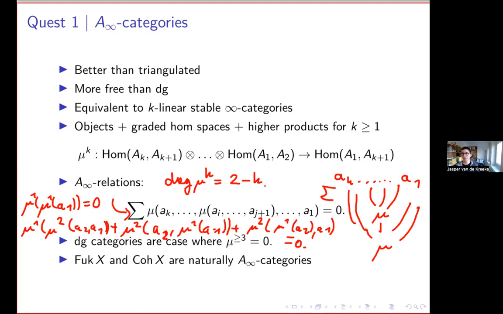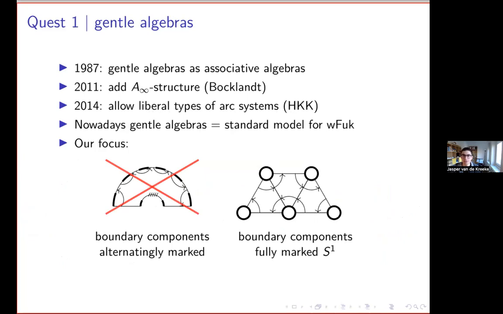Okay, so why do you study A infinity categories in mirror symmetry? Because the objects that go in there, Fukaya categories and coherent sheaves, are naturally A infinity categories. So gentle algebras. Where do gentle algebras come from? What are they? Why do we do this? Gentle algebras are an old thing. Gentle algebras have originally been introduced as associative algebras.